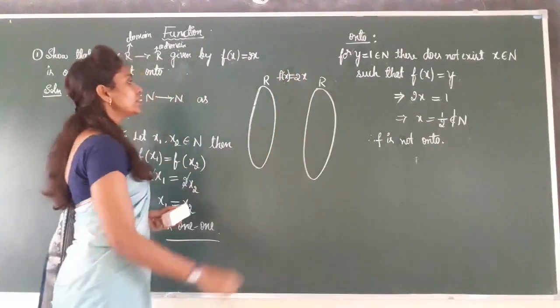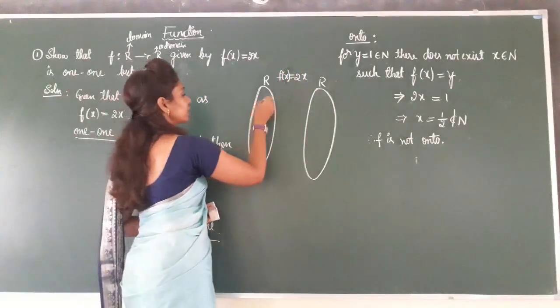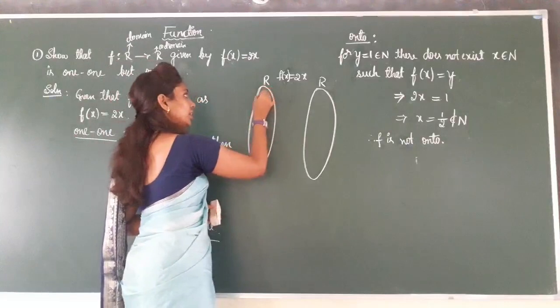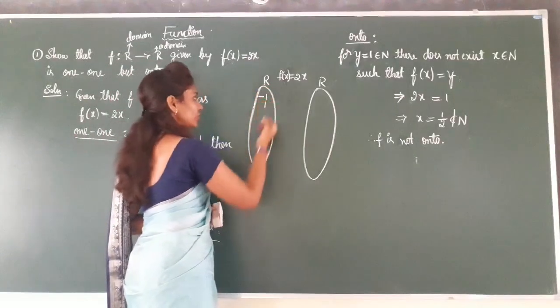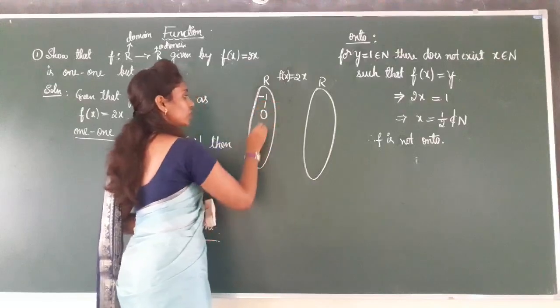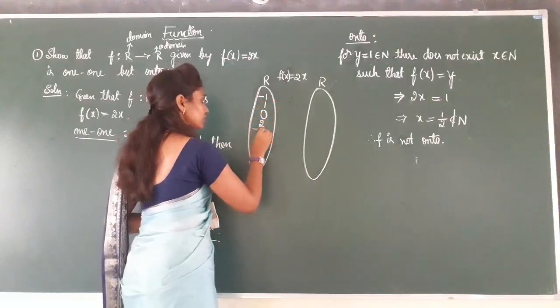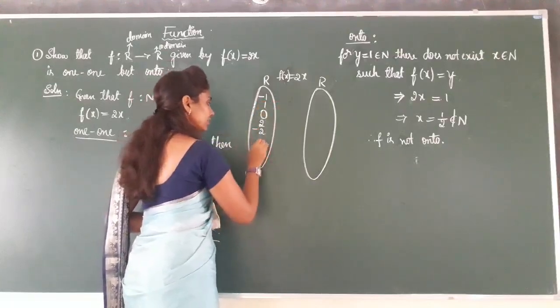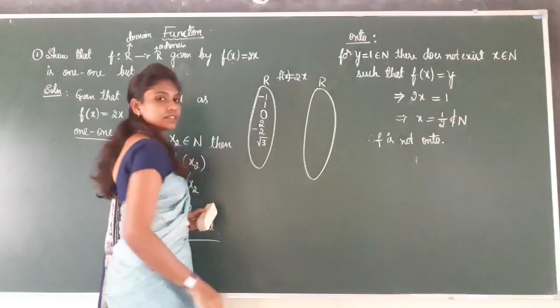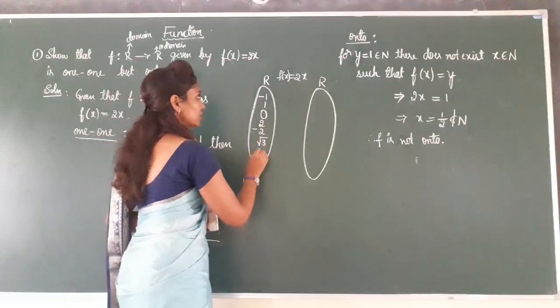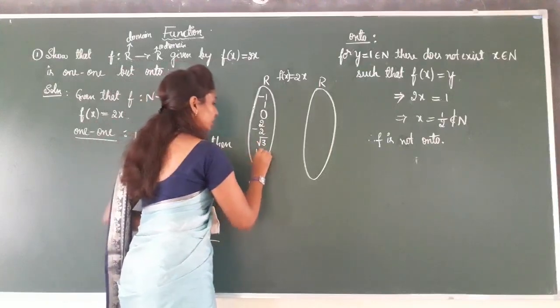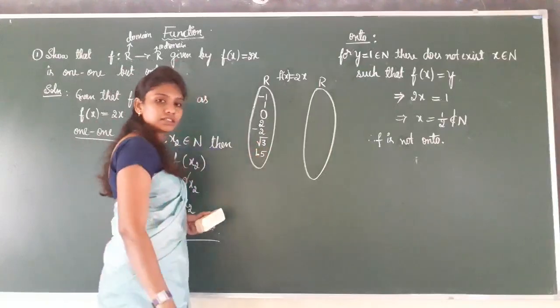Okay. The real numbers have elements like this. They include negative numbers, also positive numbers, 0, plus 2, minus 2, root 3, including square root values also, next 1.5 like this.